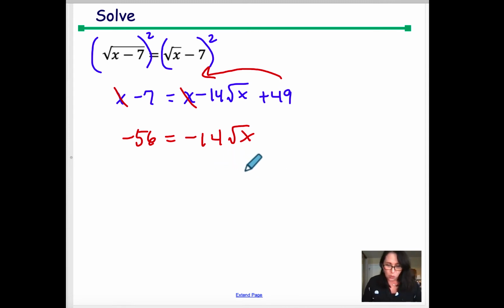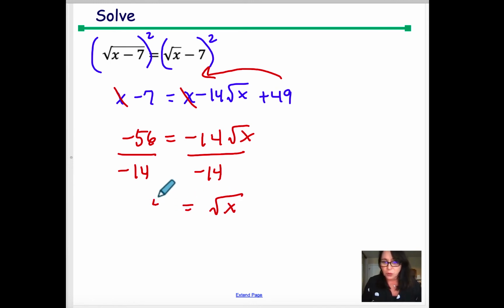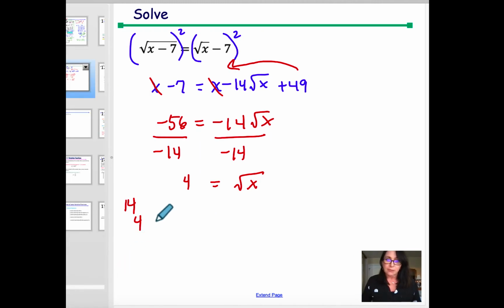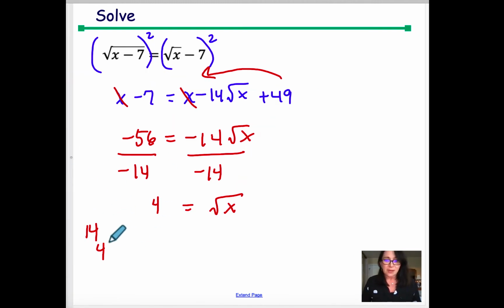And then I'm going to divide by negative 14 on both sides, and the negatives are going to cancel. I'm going to end up getting the square root of x is equal to 4, because 14 times 4 is 56. So that's where that 4 came from.